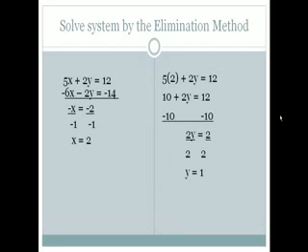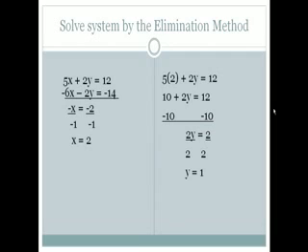Or our system could be the same lines, one on top of each other, and we would have infinite solutions. When you are using the elimination method and you find a specific number for x and a specific number for y, then you know that this system, if we graphed it, these two lines would intersect in a point.